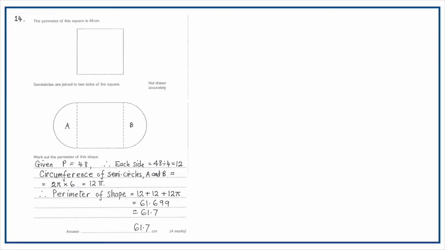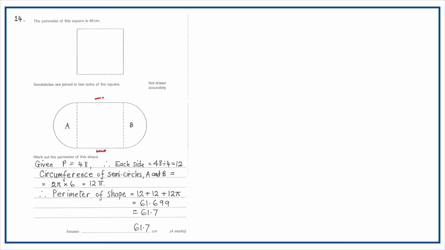Therefore, the perimeter of the shape equals 12 plus another 12 plus the circumference of the whole circle A and B. So it's 12 plus 12 plus 12 pi equals 61.699, which is approximately 61.7. So the answer is 61.7 centimeters to 3 significant figures.